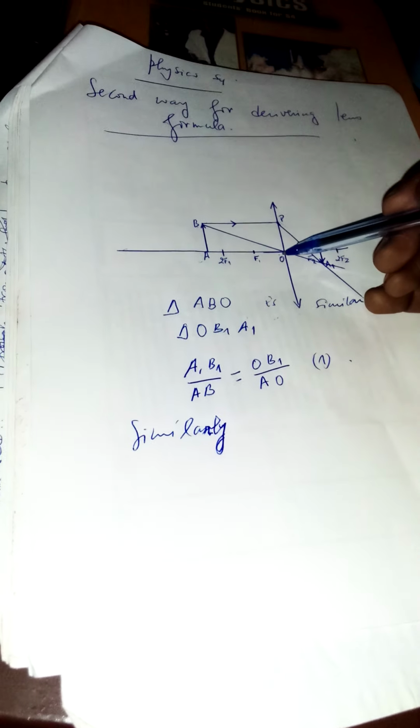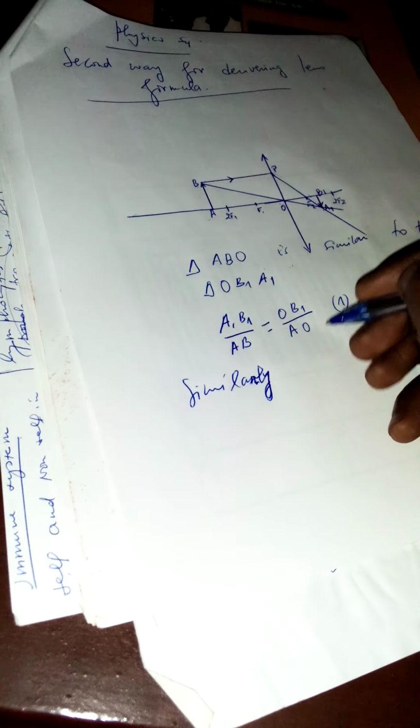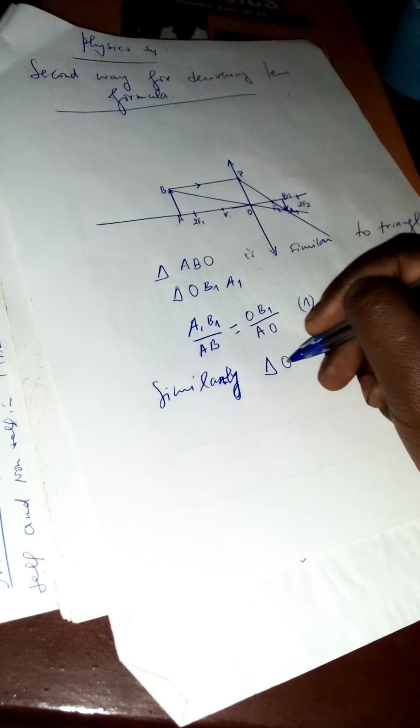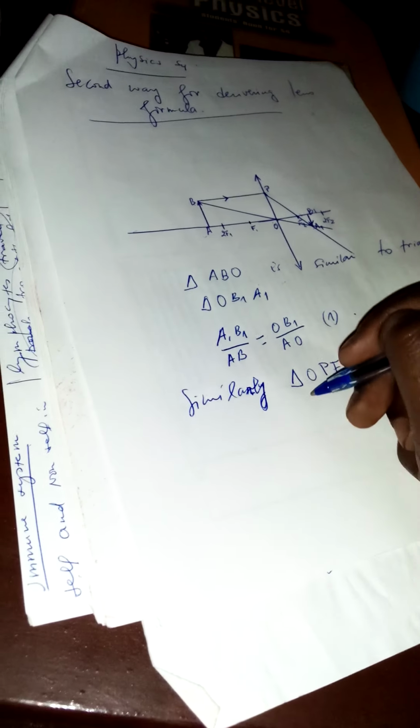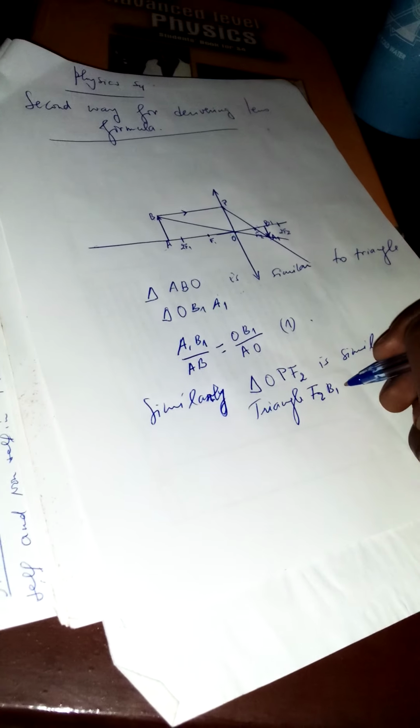Look where OPF2 is similar to this triangle F2A1B1. Yes, similarly triangle OPF2 is similar to triangle F2B1A1.